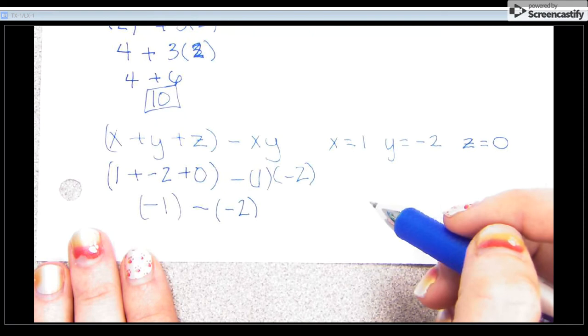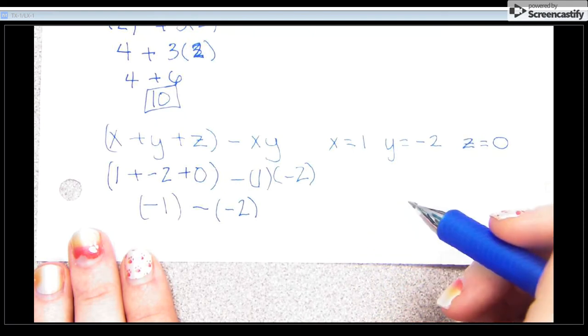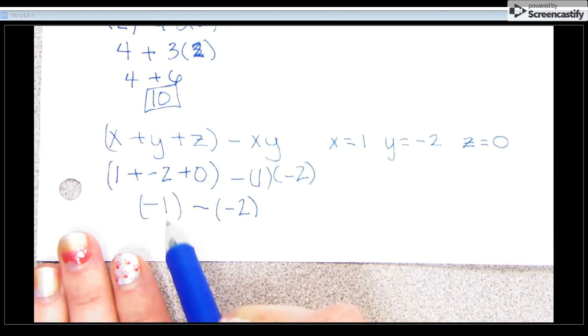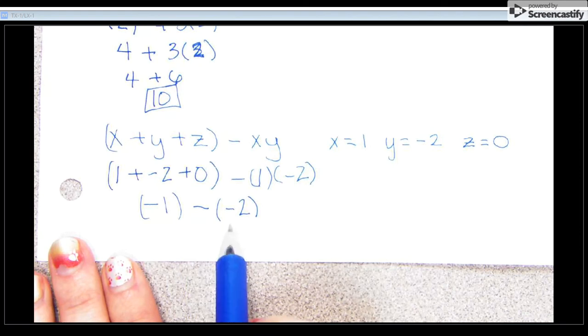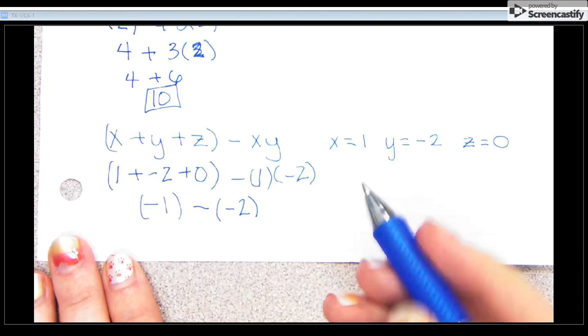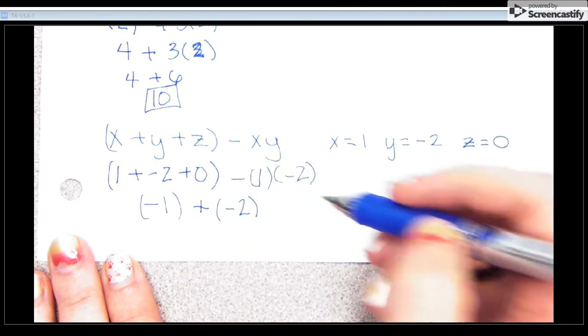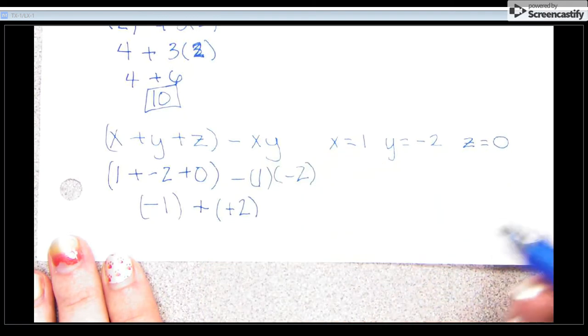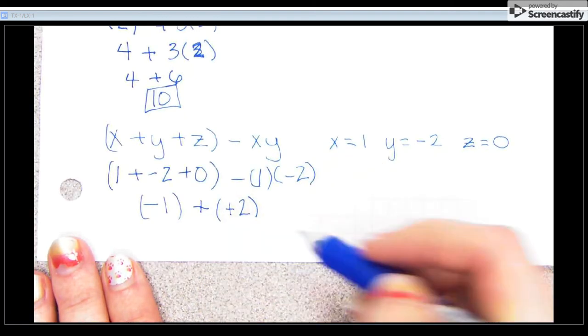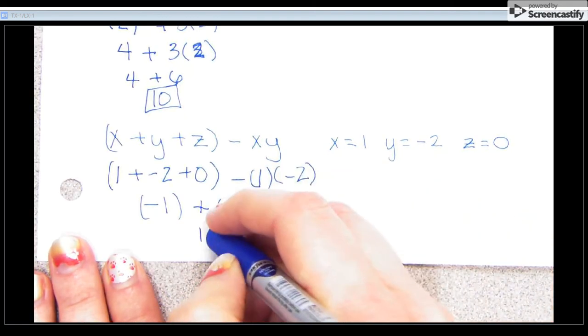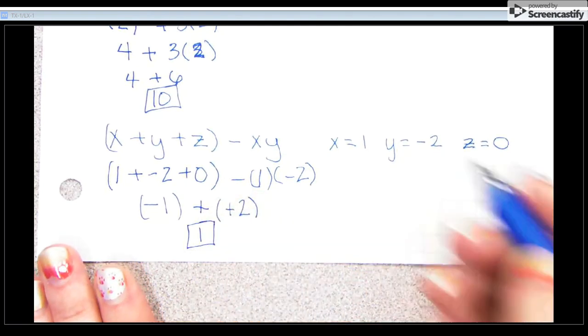You can of course do that again. I'm just showing the other method. Now I have -1 minus -2. This would definitely be an opportunity to change opposite. So I'm going to change that subtraction sign to a positive and this negative to a positive. Now I have -1 plus 2 to get my answer of 1.